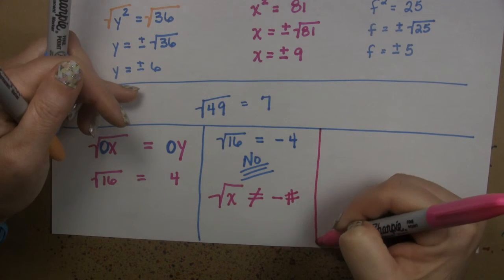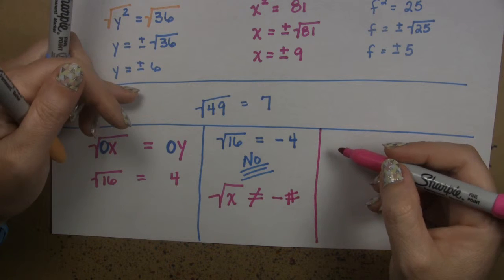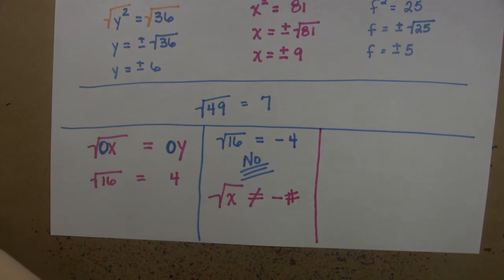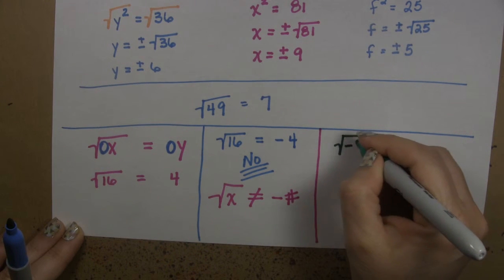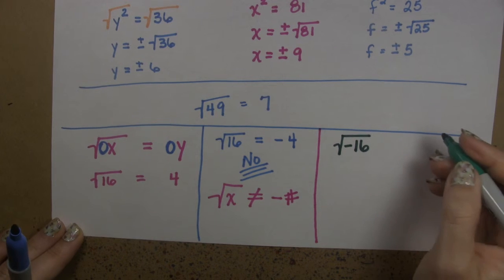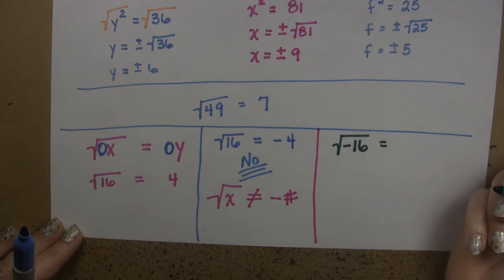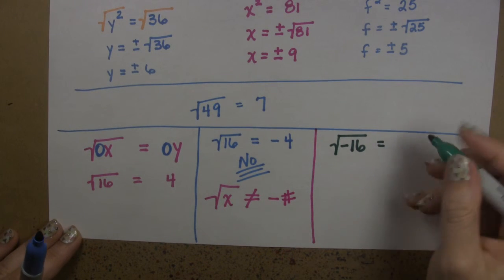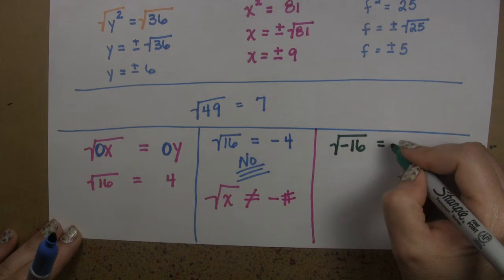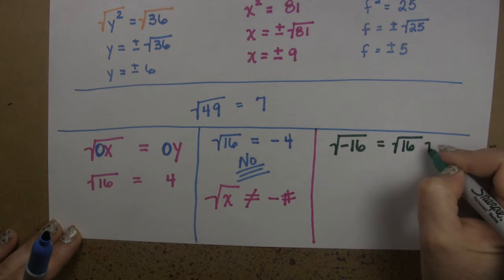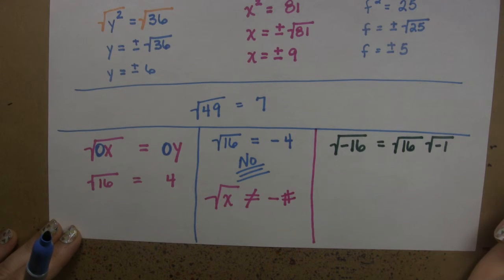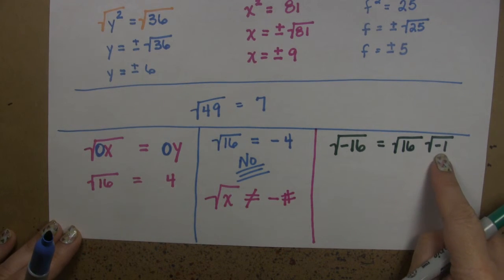Okay. The other option, however, is that you try to sneak a negative sign underneath your radical. So you would have the square root of negative 16, for instance. What does that equal? Well, this is where algebra gets fun, because this actually becomes a radical 16 times a radical negative 1. And we actually have made this into a number.